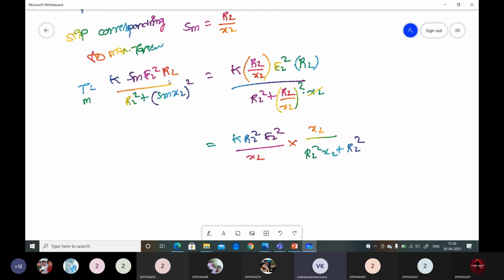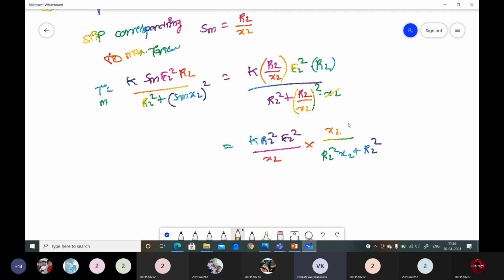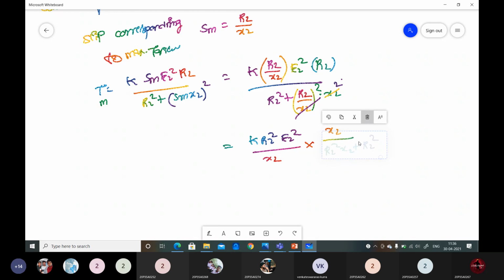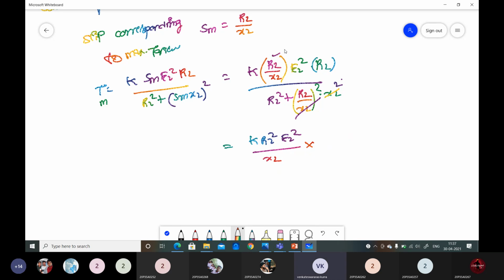Here I made a mistake. It is K Sm E2 square R2 by R2 square plus (Sm X2) whole square, so this one is also squared, giving X2 square, and this X2 square cancels. So K R2, K R2 square E2 square by X2, and the remaining value is 1 by 2 R2 square.